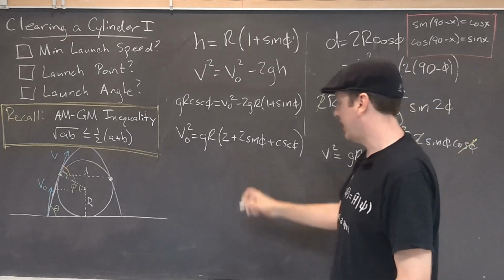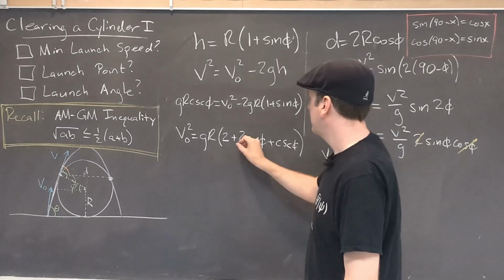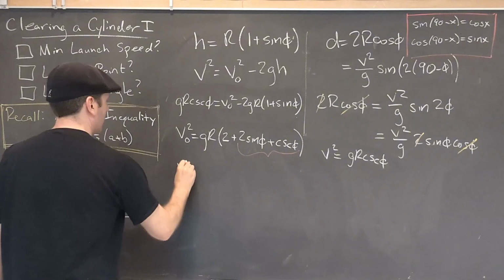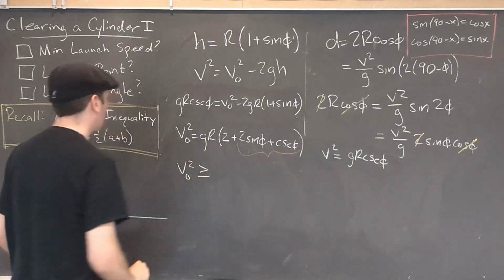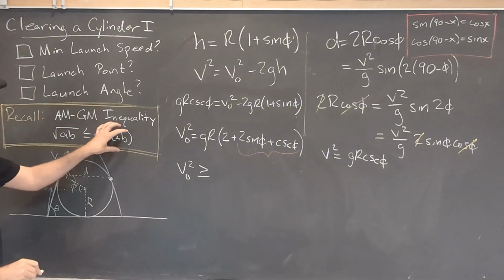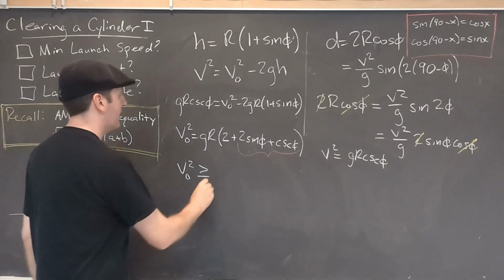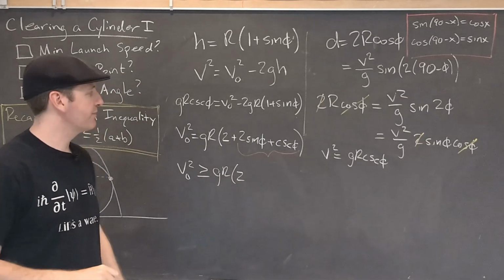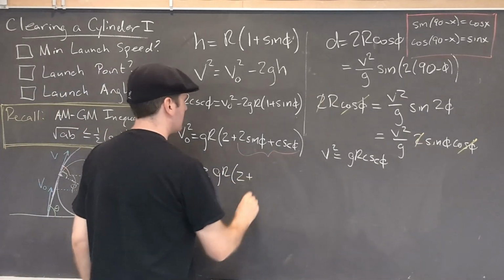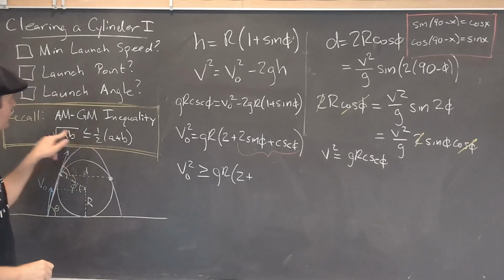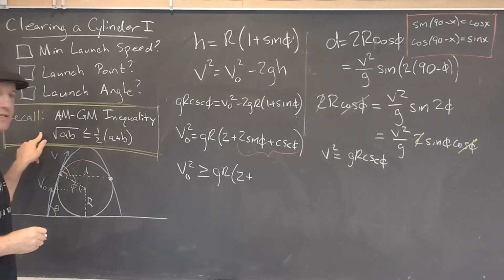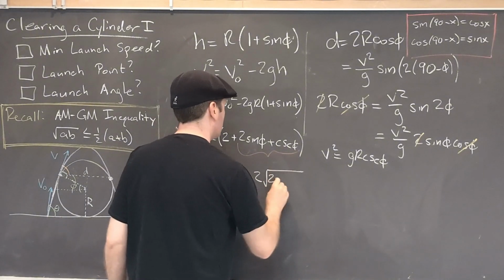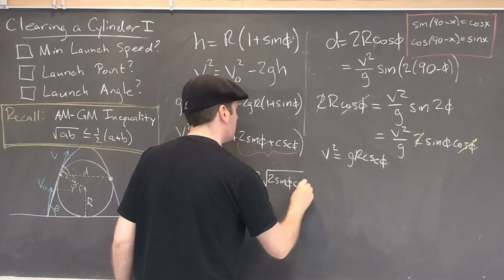So I'm going to apply that inequality to these two terms. Let's see what happens. We get v naught squared is now greater than or equal to, because remember I'm replacing the sum with this product, gr times 2, the 2 out front doesn't change, and then plus, I have to move the 2 over, don't forget it's the mean, not just the sum, so twice the square root of 2 sine phi cosecant phi.